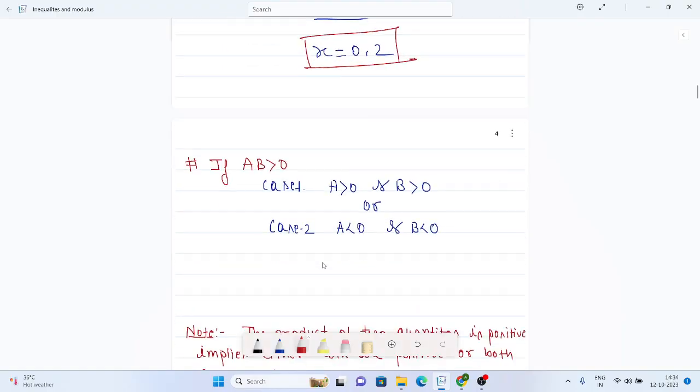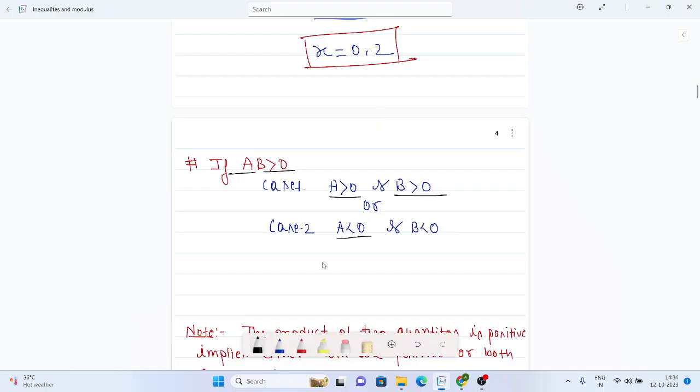Done? Okay. Now, if the second condition is given, if ab is greater than 0, this is only possible in case 1, either a is greater than 0 and b is greater than 0, or case 2, a is less than 0 and b is less than 0.